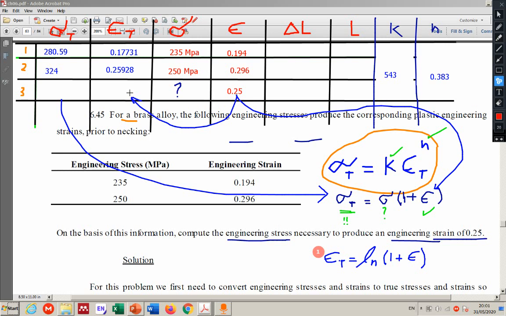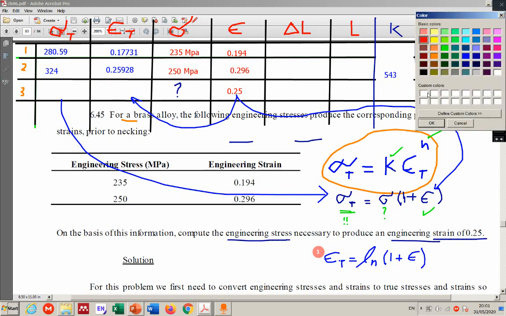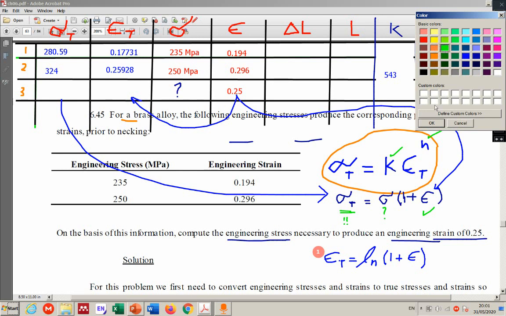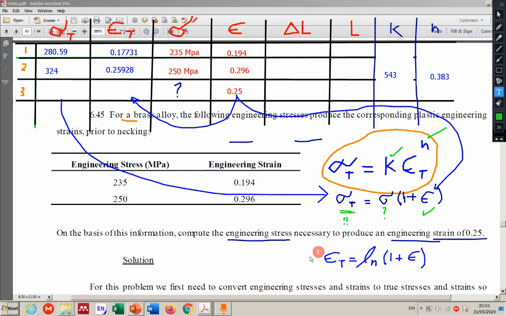That's going to give me 0.2. I'm going to make this one blue. So we found it here. There will be a lot of lines, but if you're watching the video you know what I'm doing. So this equation is going to give me, sorry, let's choose a different color.